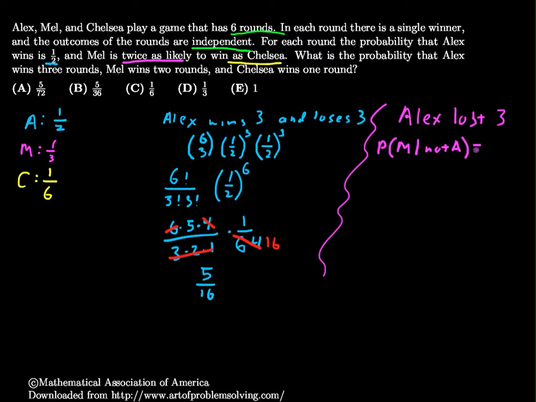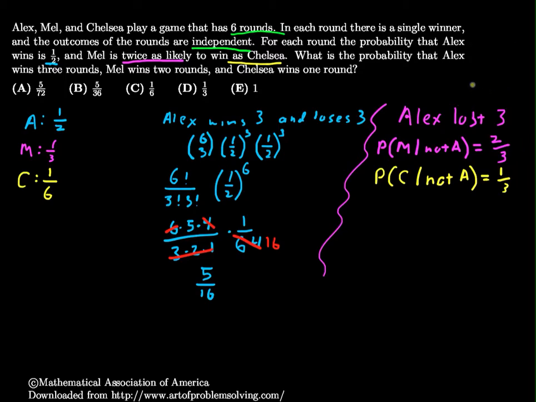He's twice as likely as Chelsea, so 2/3. And the probability of Chelsea, given that Alex is not winning here, is 1 out of 3. You can see that we have a total whole. One of them has to win here. There's always a single winner, but Mel is twice as likely as Chelsea.